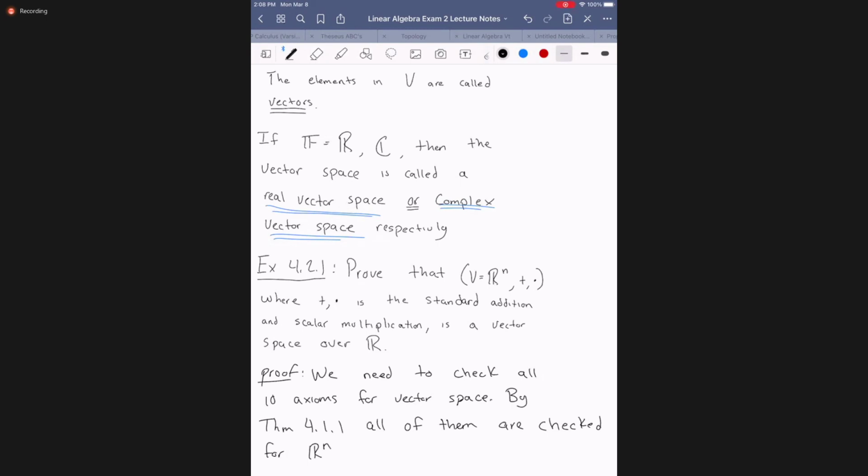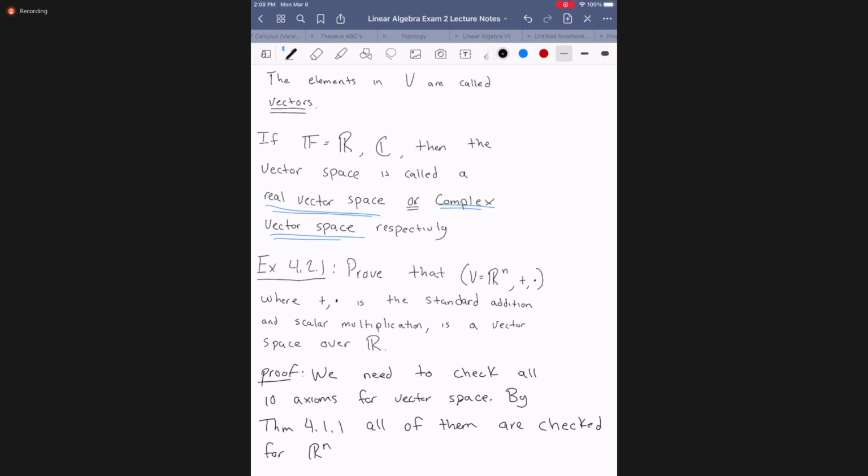A lot of the properties that come from the addition and multiplication, you can visualize them as arrows and stuff like that, which is true as well. But that doesn't always carry over to other types of vectors. Well, almost.